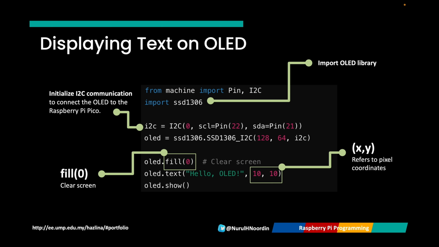The text Hello OLED is displayed at coordinates 10, 10. Take note that this 10, 10 refers to the pixel coordinates X and Y. The show function updates the screen to make the text visible. This is the fundamental way to display information on the OLED. You can modify the text to show sensor values, notifications, or status messages for your project.